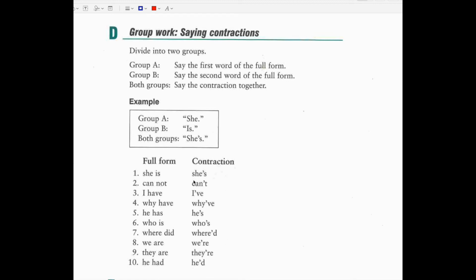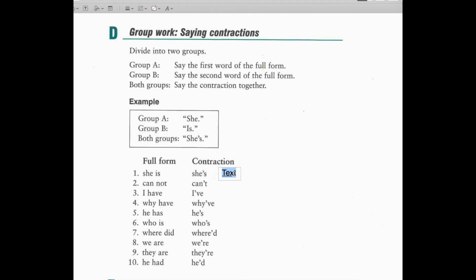Now, in looking at these contractions, again, we can see some challenges. For example, in many of these examples, we've seen where contractions, in many ways, occurred in places where linking would also occur.